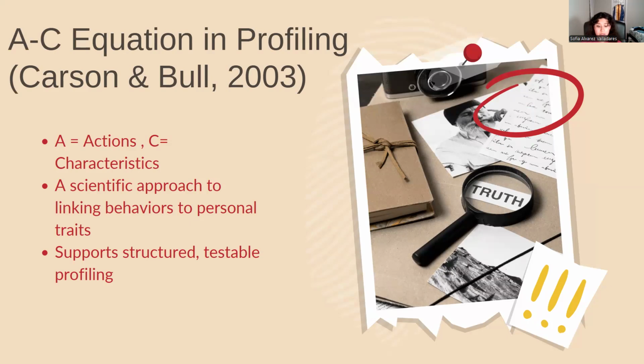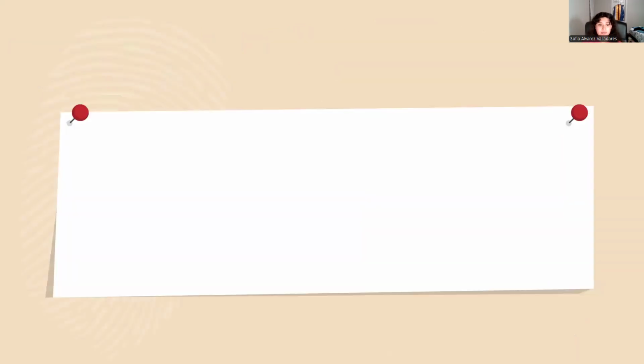For example, if a crime scene is highly organized, the offender may be intelligent, meticulous, and socially competent. This framework promotes structure and evidence-based analysis to make profiling more measurable and testable, ensuring that the traits will be used responsibly. So it's a more structured way of profiling with evidence.